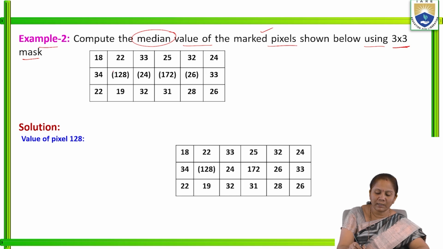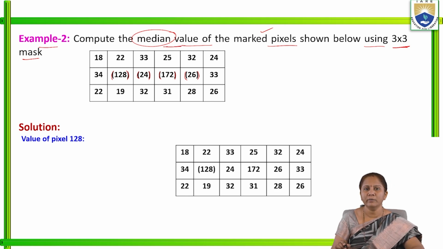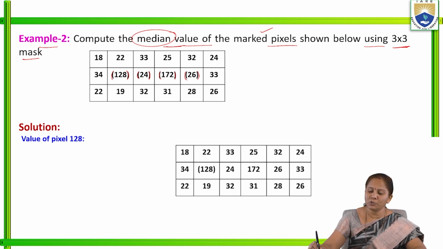We can see there is a mark indicated on the pixels 128, 24, 172 and 26. All these are the marked pixels. We have to replace all these pixels with the new pixel values after applying the median filter, and the filter size should be 3 by 3.